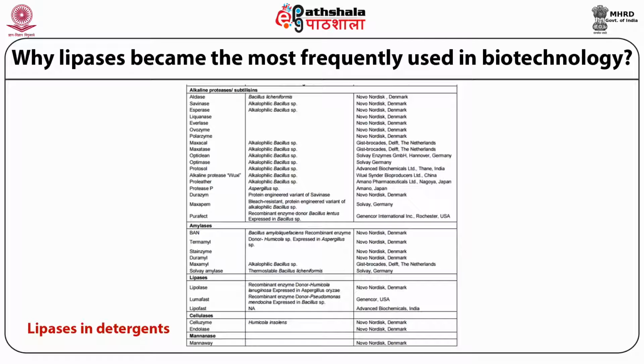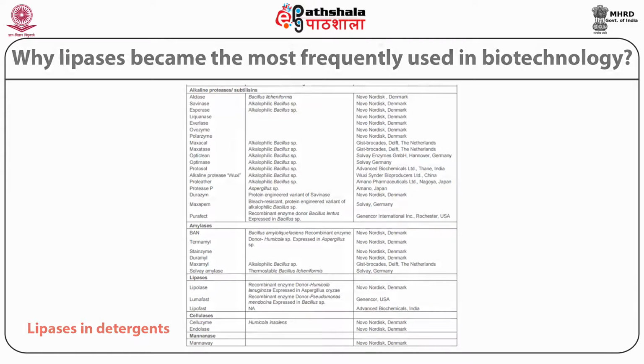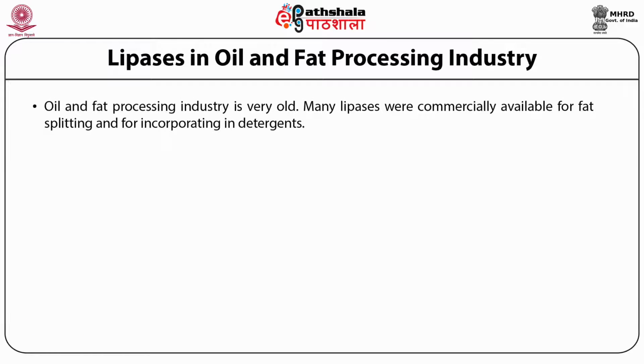And as we said, this screening test was helpful, but many more better versions, quicker, more sensitive versions were developed to assess these engineered mutants. Oil and fat processing industry is very old. Many lipases were commercially available for fat splitting and for incorporating in detergents. As these are large scale applications, these enzymes are produced in bulk.